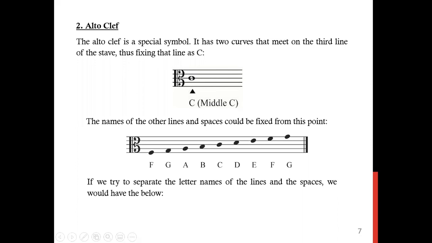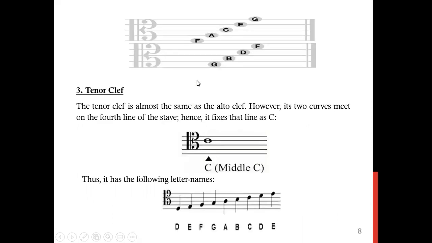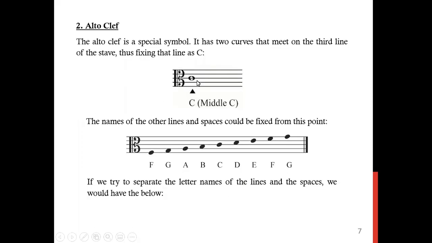So when you put an alto clef at the beginning of your staff, then it becomes an alto stave, isn't it? It becomes an alto stave. And remember, the 3rd line is now C in the alto stave.